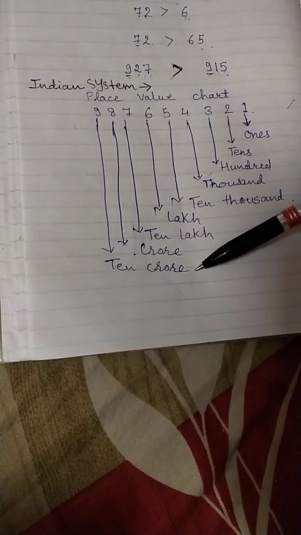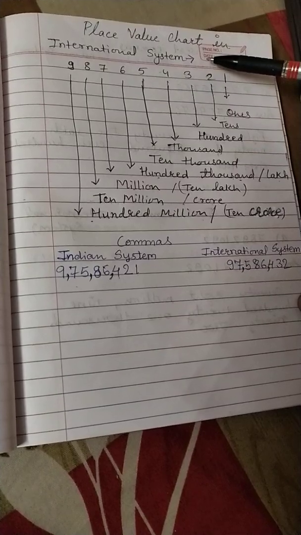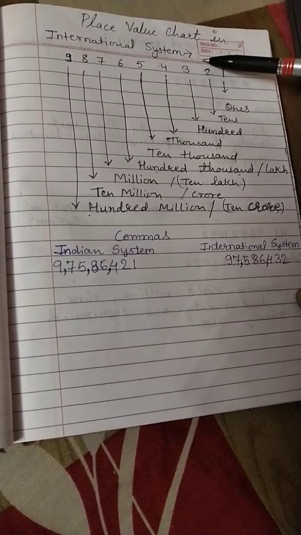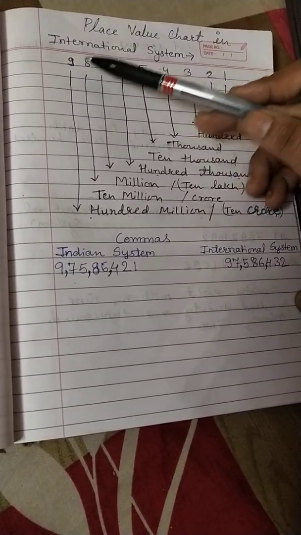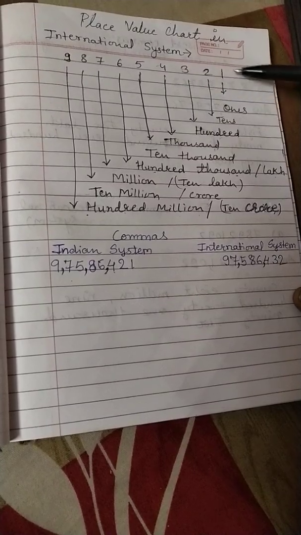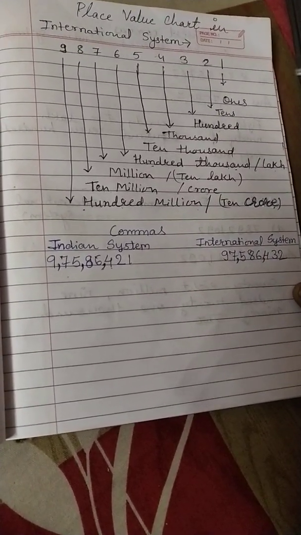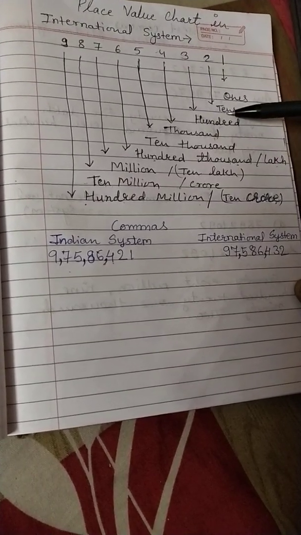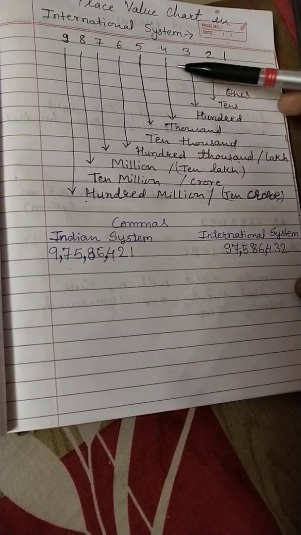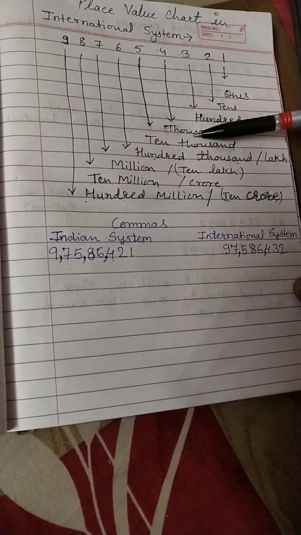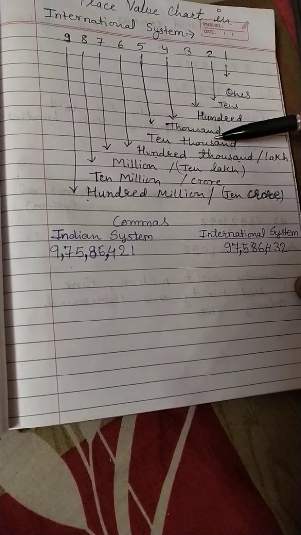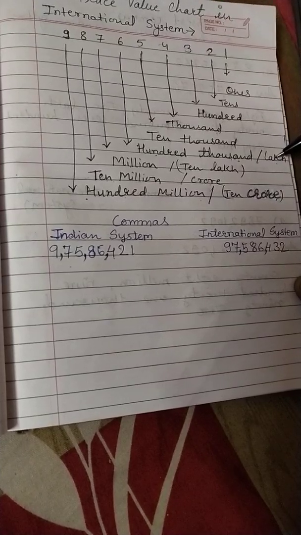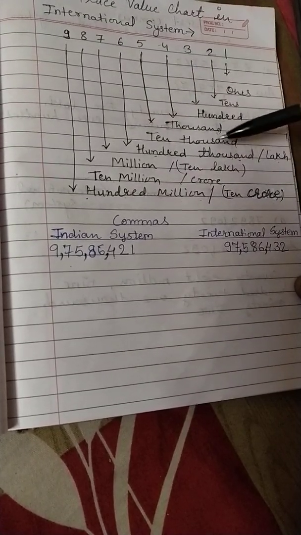Now how to write a number in the international system. The place value chart for the international system: suppose we take this number 98765432, then this 1 stands for the ones place, 2 is on the tens place, 3 is on the hundreds place, 4 is on the thousands place, and 5 is on the 10,000 place. 6 in the Indian system is on the lakh place, but in international it is on the 100,000 place.